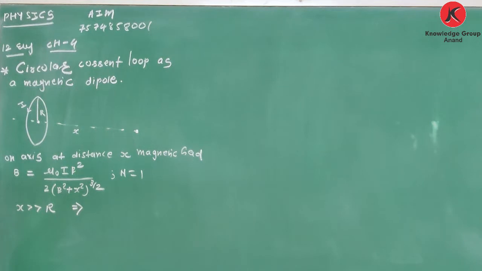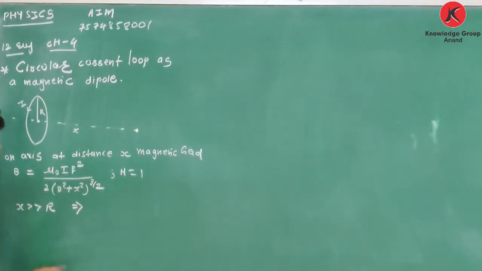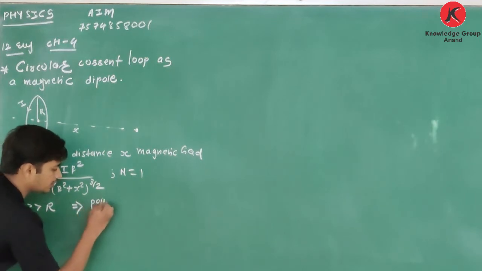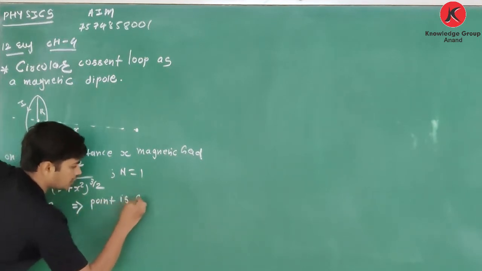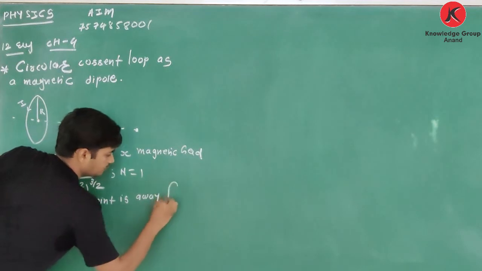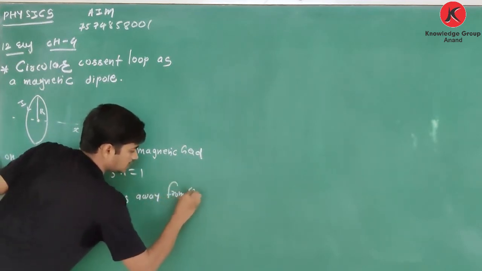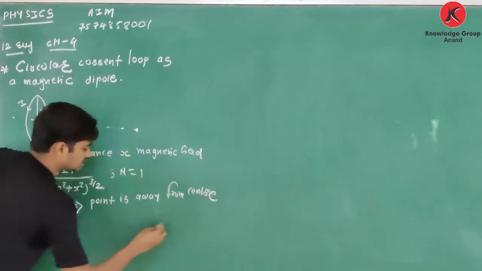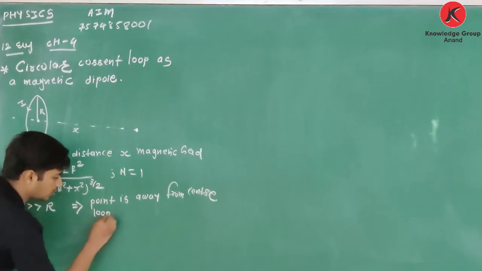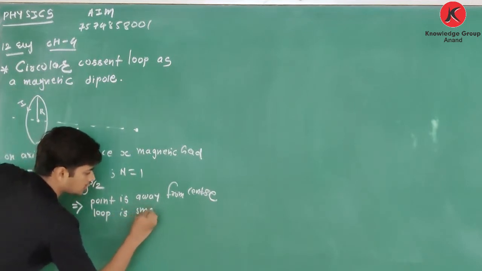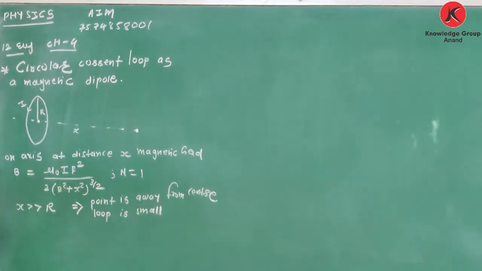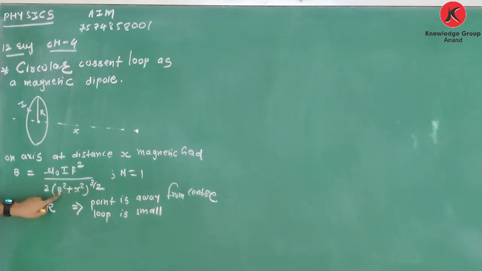The point is away from the center, or you can say the loop is small. Then in the denominator, with respect to x, you have to neglect this r.